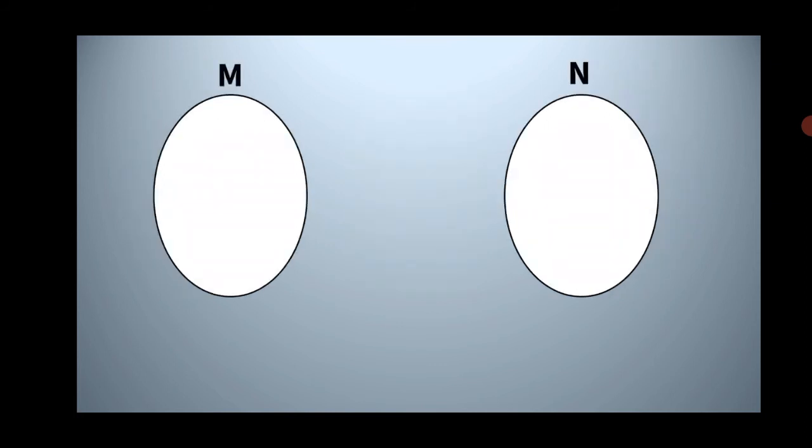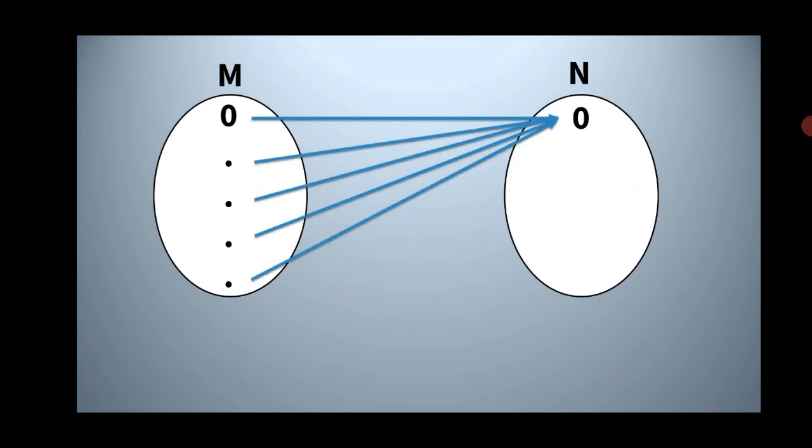A homomorphism between two groups maps the identity element of the first group to the identity element of the second group. The collection of all those elements of the first group which get mapped to the identity element of the second group is called the kernel of that homomorphism.